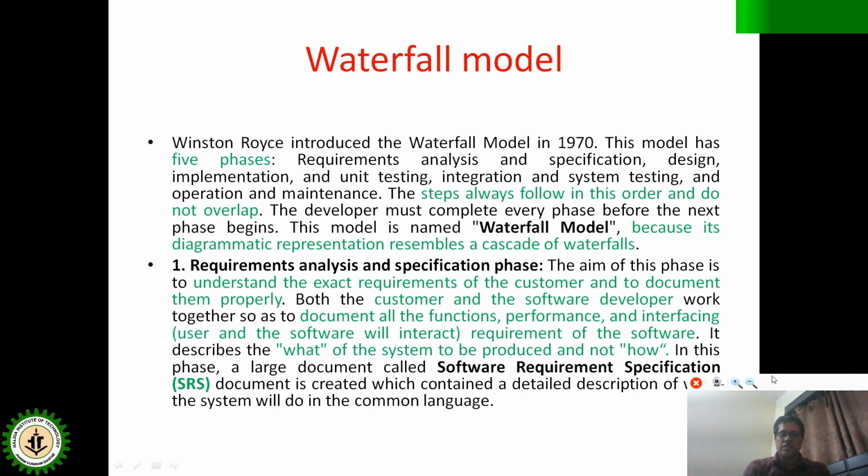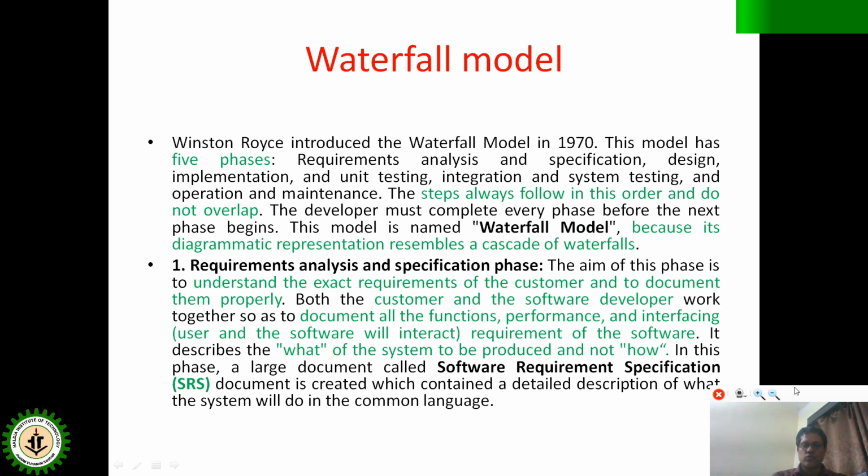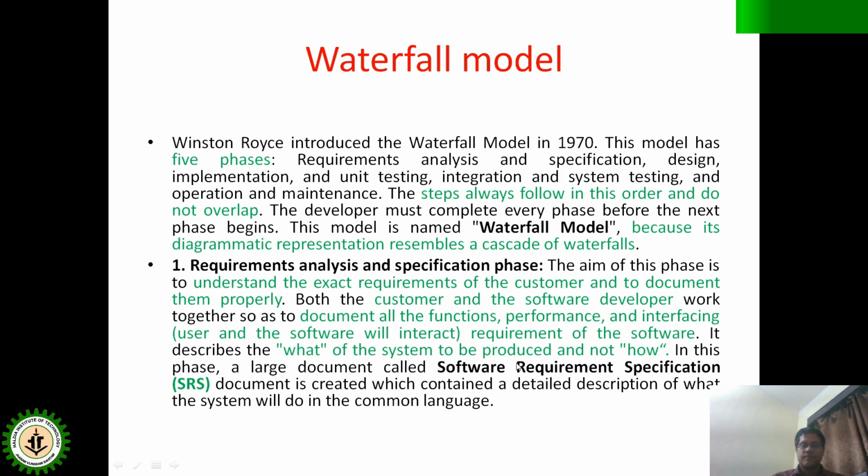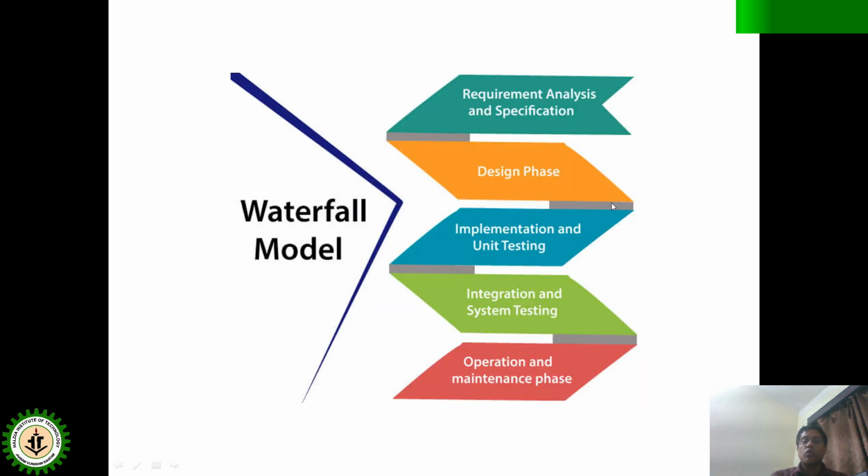This waterfall model has 5 phases. What are the phases? The 5 phases are requirement analysis and specification, the design phase, implementation and unit testing, integration and system testing, and operation and maintenance phase.